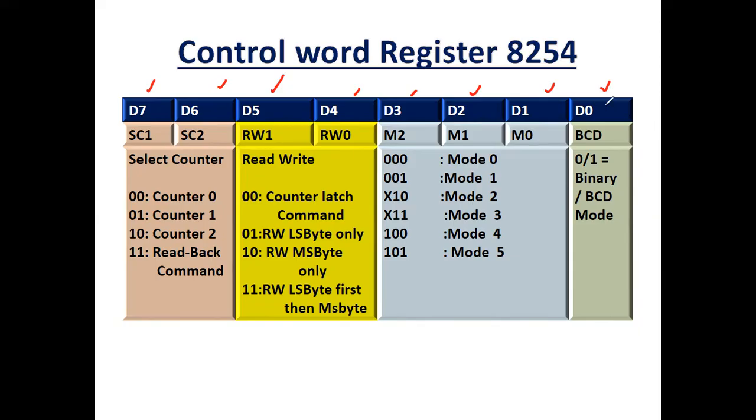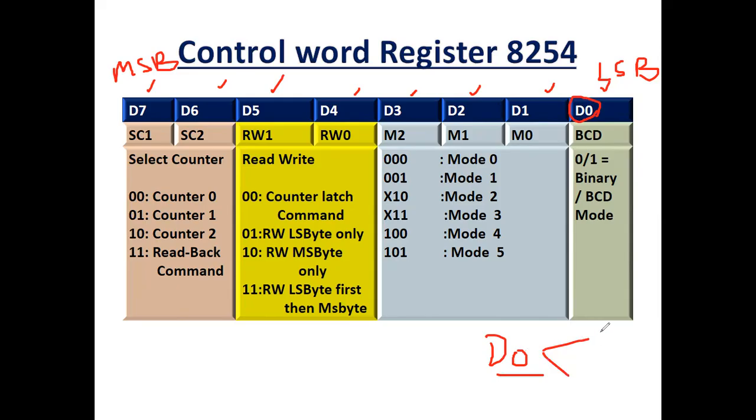So first, the D0 bit. This is the LSB, least significant bit, and this is the MSB, that is the most significant bit. Now, D0 is a single bit.